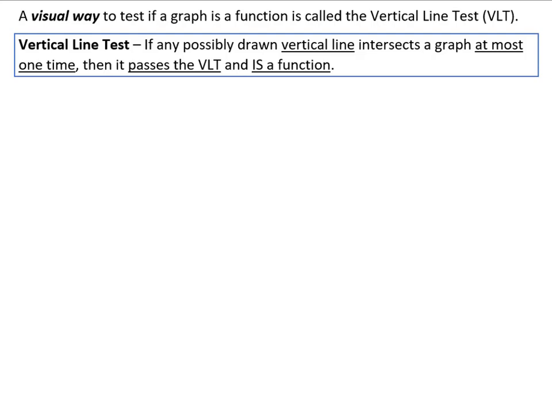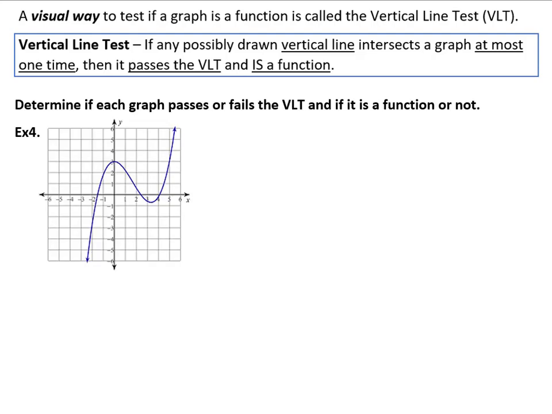The vertical line test says if any possibly drawn vertical line intersects a graph at most one time, so it won't intersect more than once, it'll only intersect once or no times at any value, then we'd say it passes the vertical line test and is a function. For that given x value, where that vertical line would be, it's only touching our graph once. It only has one price, okay, or one output. So let's take a look at some examples here.